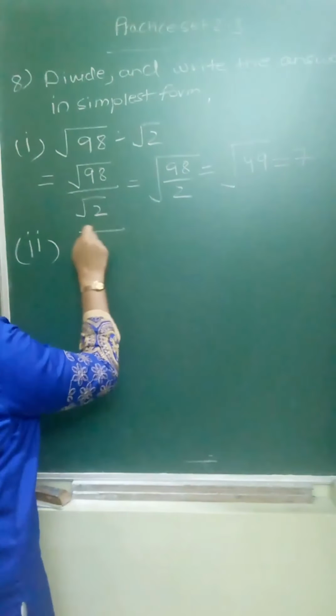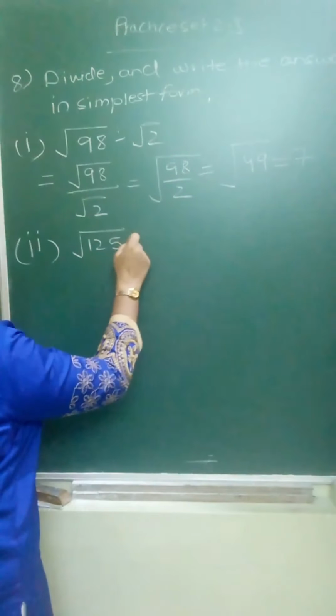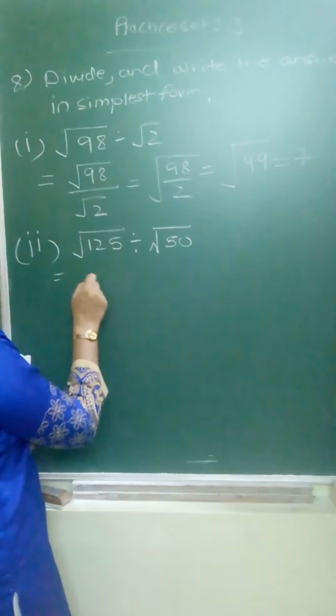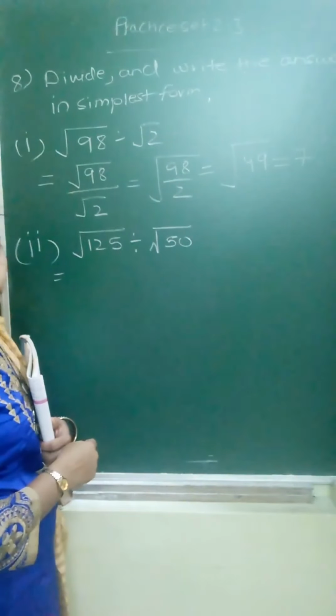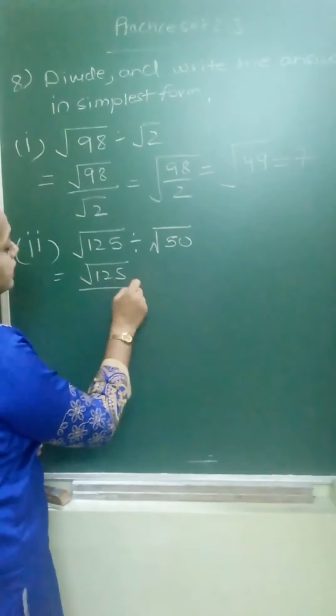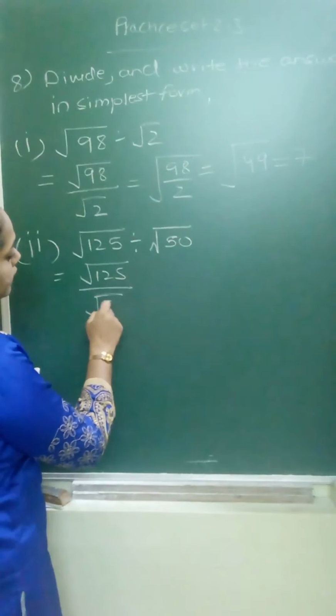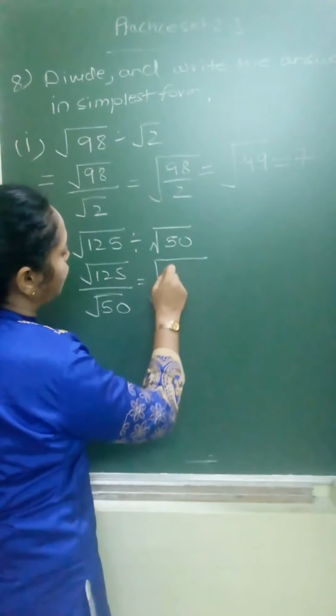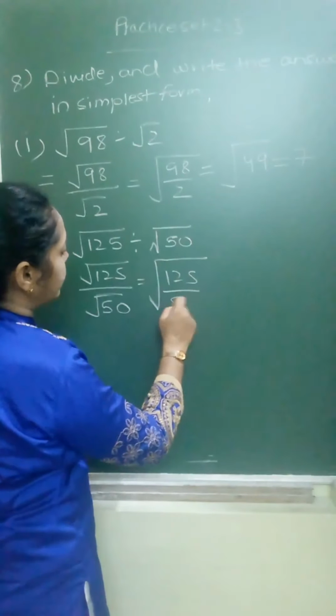which is square root of 125 divided by square root of 50. This can again be written like this, just as we wrote in the very first question. So we can put both these numbers in the same radical sign.